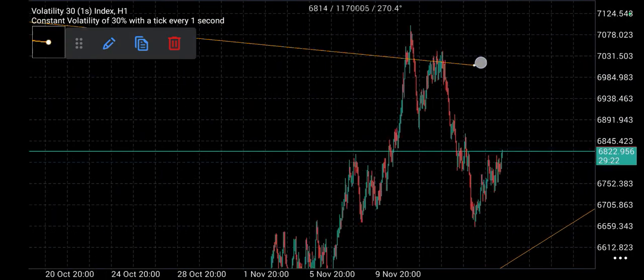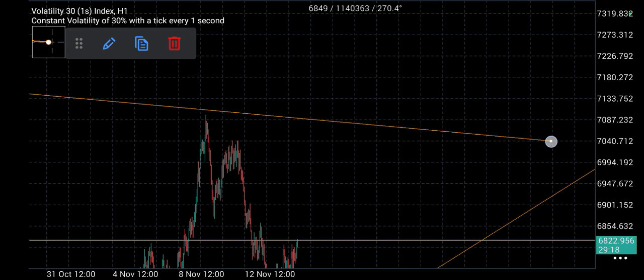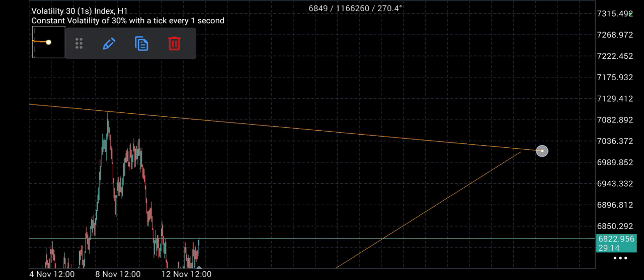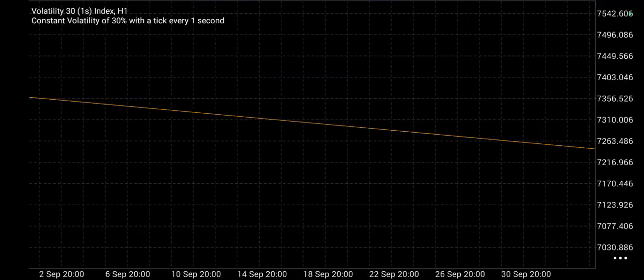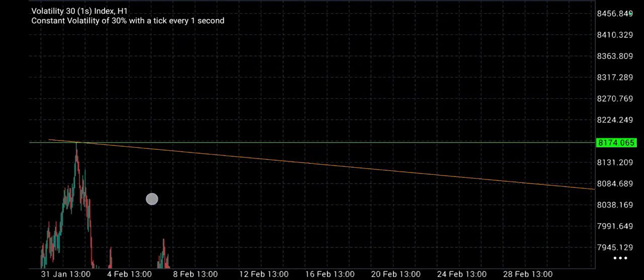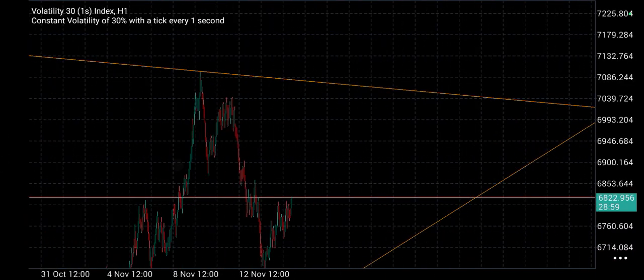Very good. You can see I'm making sure that I'm finding the perfect price, the perfect point here. You see the touch here, and let's see if I have a good touch back there. Yeah, exactly. So now, how do you know this is going to be a buy?